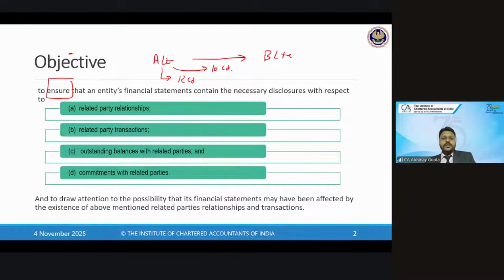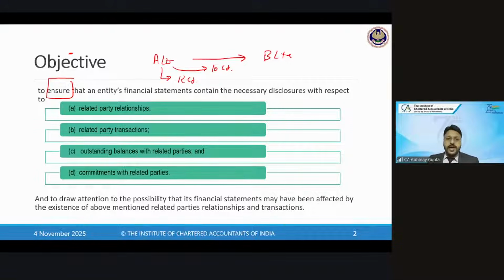In that case, it means that A Limited is doing a significant portion of its business with one related party, B Limited. That raises the eyebrows of the investors to understand deeply what this transaction actually constitutes.